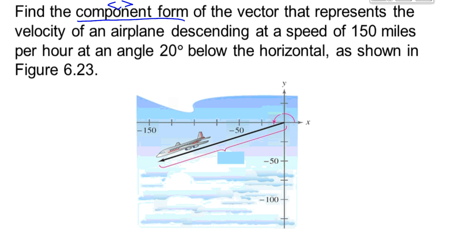And an angle of 20 degrees below horizontal as shown, which is a little odd way to put that. I didn't block all of this out, but do you agree that this piece right here is 20 degrees, correct? But the actual angle that we're going to use is from the positive x-axis around to here. So what's that?